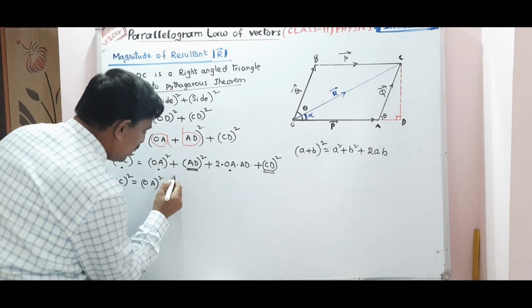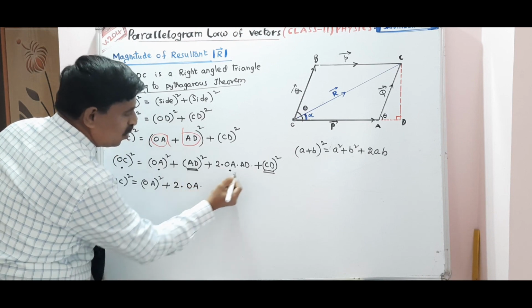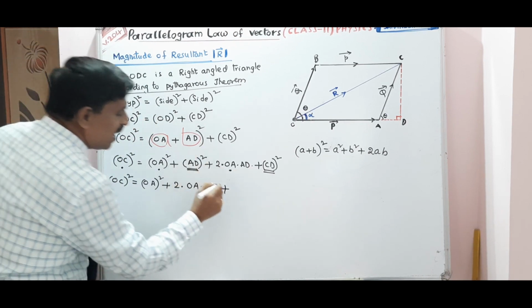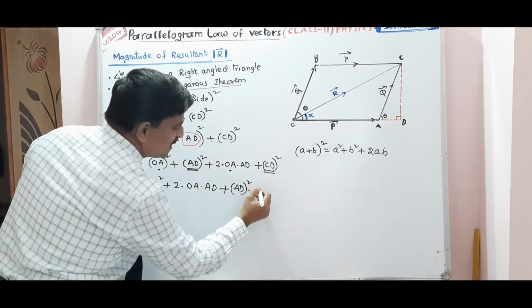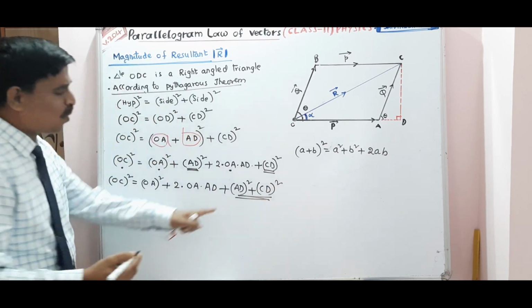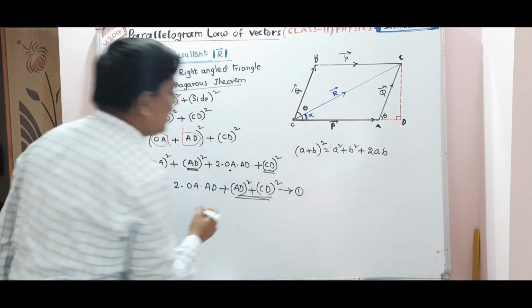Now 2 into OA into AD plus AD square plus CD square. This equation I am calling as 1.